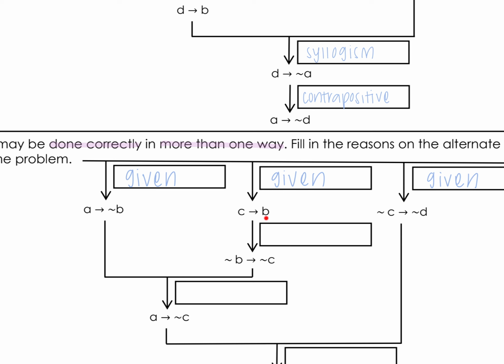It's just not saying not B. So we are clearly going to, in order to combine those two sentences to get towards using that third given, need to use the contrapositive. So that I can actually then use syllogism to connect those two into one sentence.